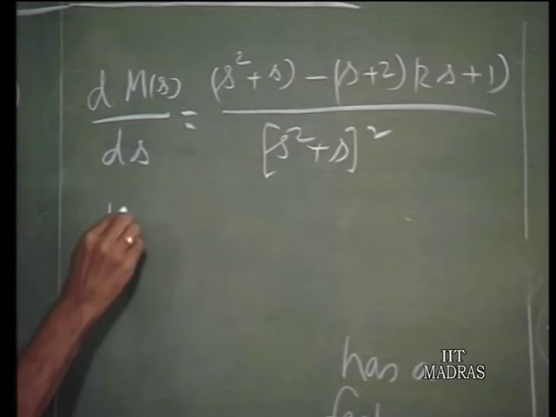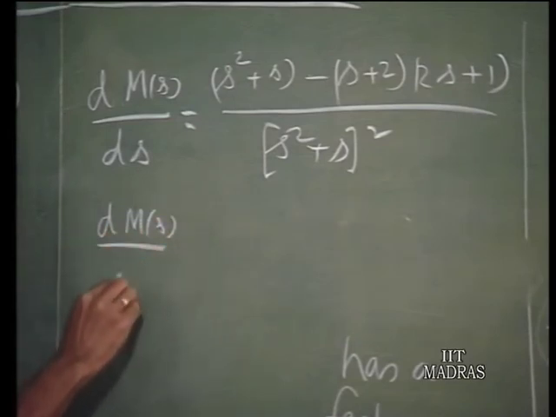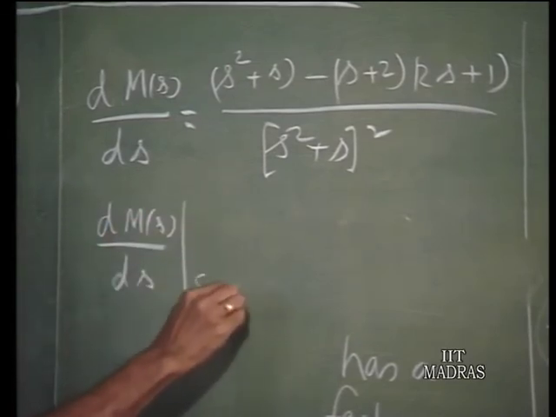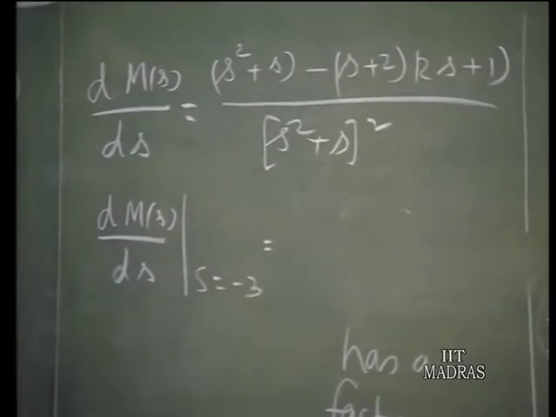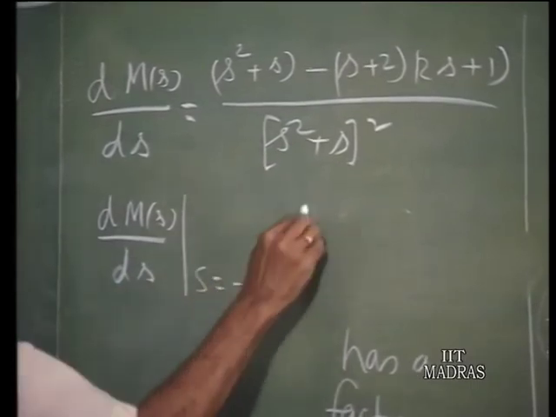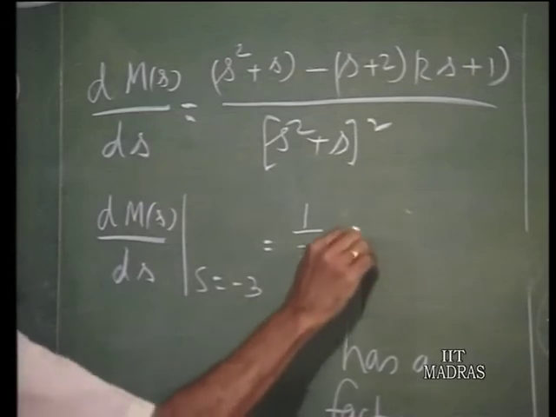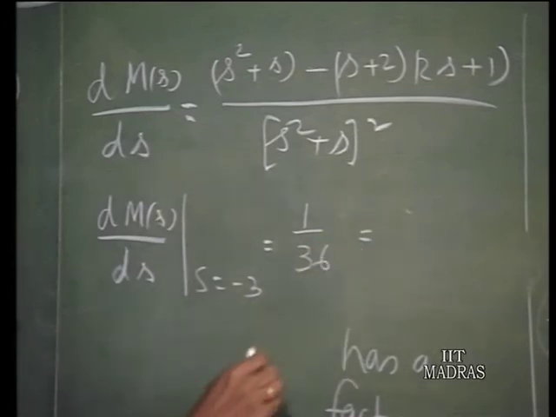So, dm of s over ds with substitution s equal to minus 3 will give me, after you work this out, 1 by 36, and that of course is k31.